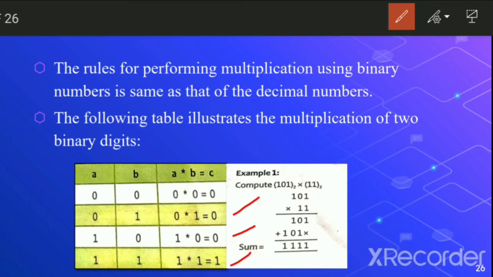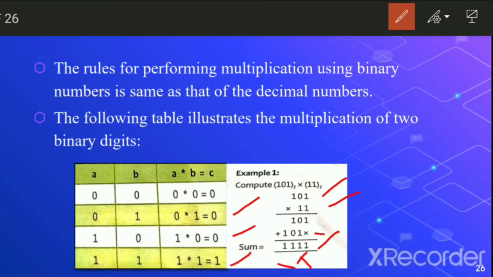So what we have to do is multiply 101 by 11. When we multiply 1 by 101 we get 101. After that we put a cross, and again we multiply 101 by 1, and again we get 101. After that we have to add these digits. 1 will come as it is, 0 plus 1 is 1, 1 plus 0 is 1, and this one will come as it is.